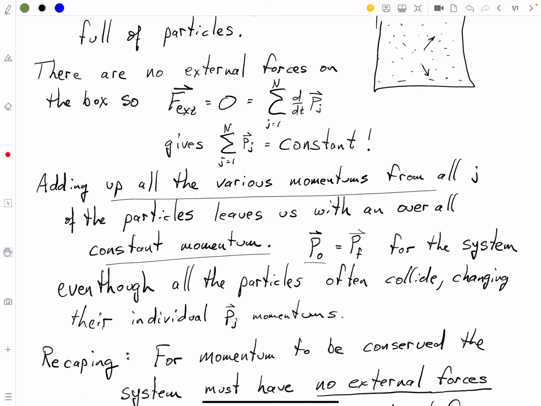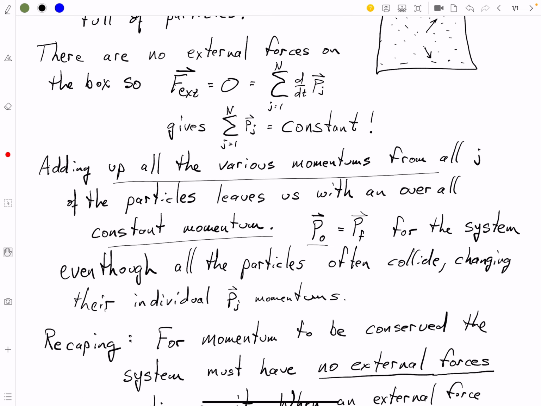And if we looked at some time t, so our t initial, and then we look at some later time t final, after collisions have happened, we have a delta t of t final minus t initial.